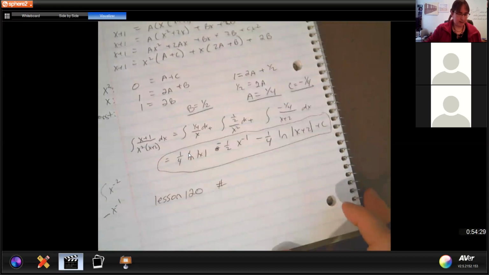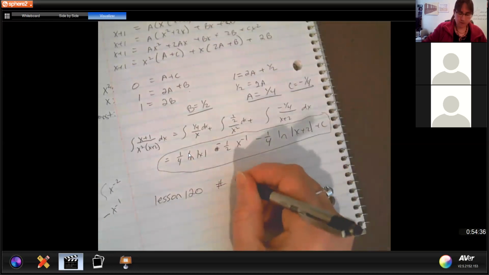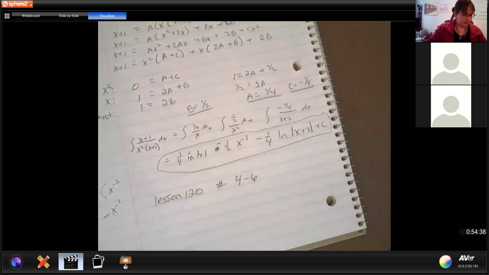Does that seem okay? Yeah. Okay, let's get 4 through 6 for practice problems on this. And I'm looking to see if there's anything from 115. There isn't. But let's see what 121 has.